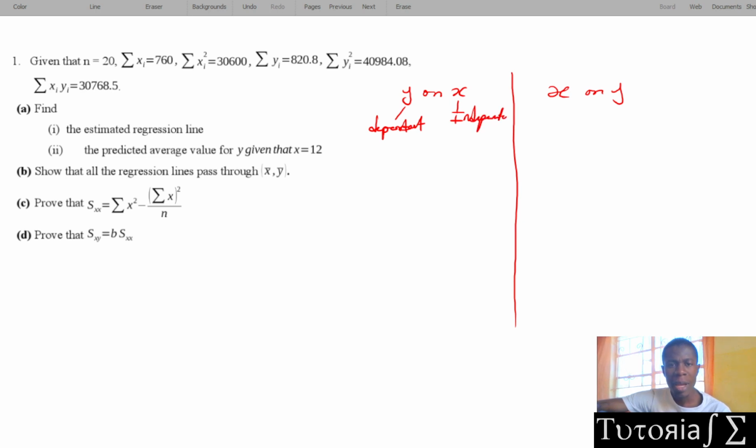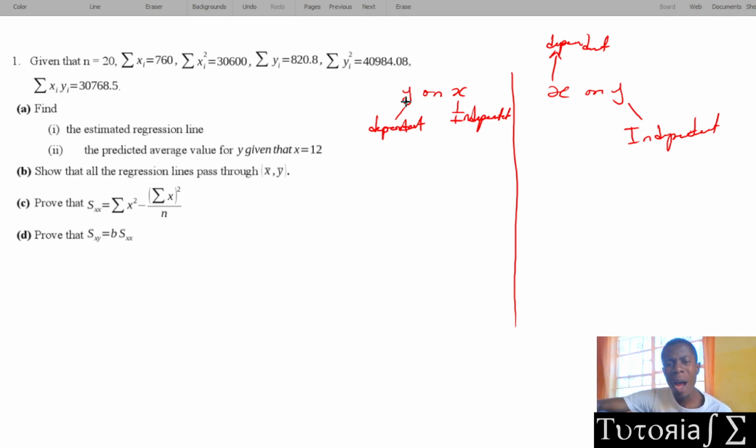In the case where x is dependent on y, x is the dependent variable, and y is the independent variable. So that is what you should know.